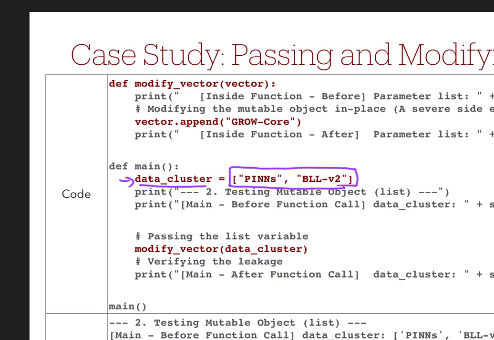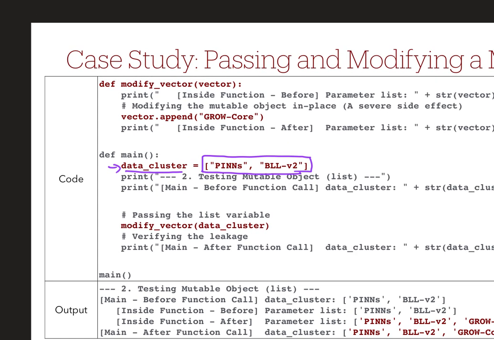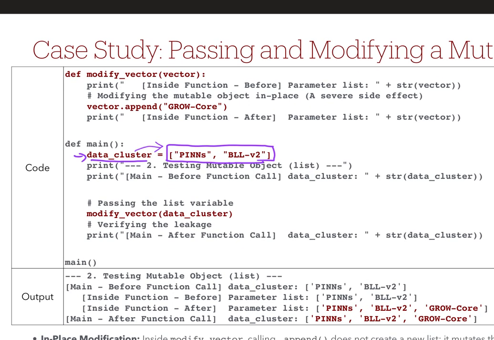And then this name of the variable is linked to this list. So when you print this data cluster, this list will be printed.